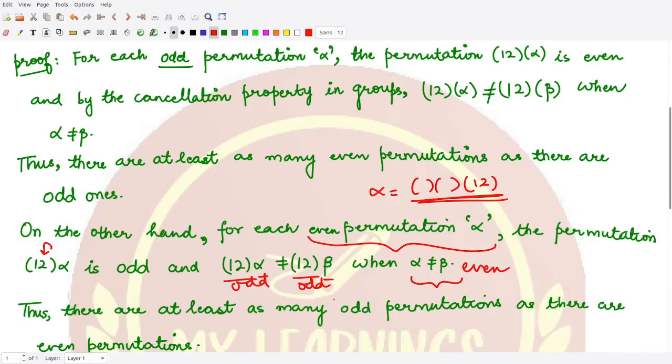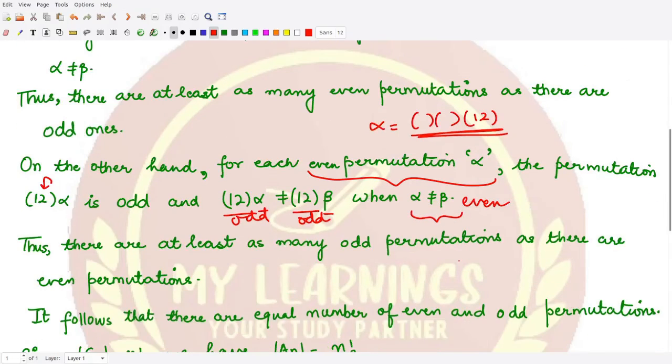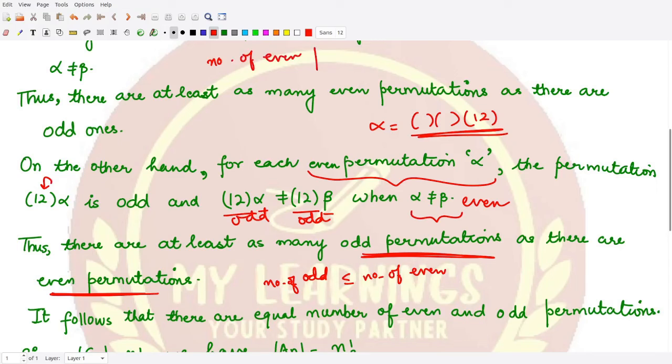So in this case, the number of even permutations is less than or equal to the number of odd permutations. And previously we saw that the number of odd permutations is less than or equal to the number of even permutations, correct?